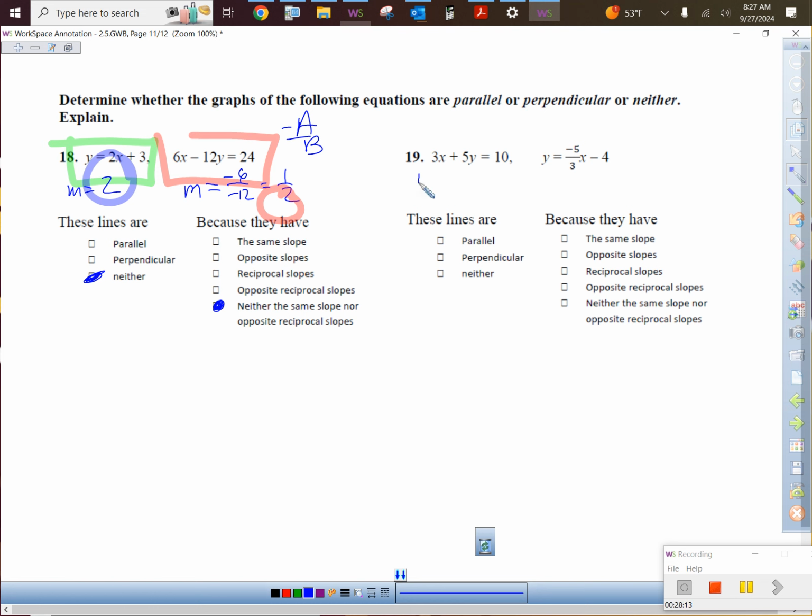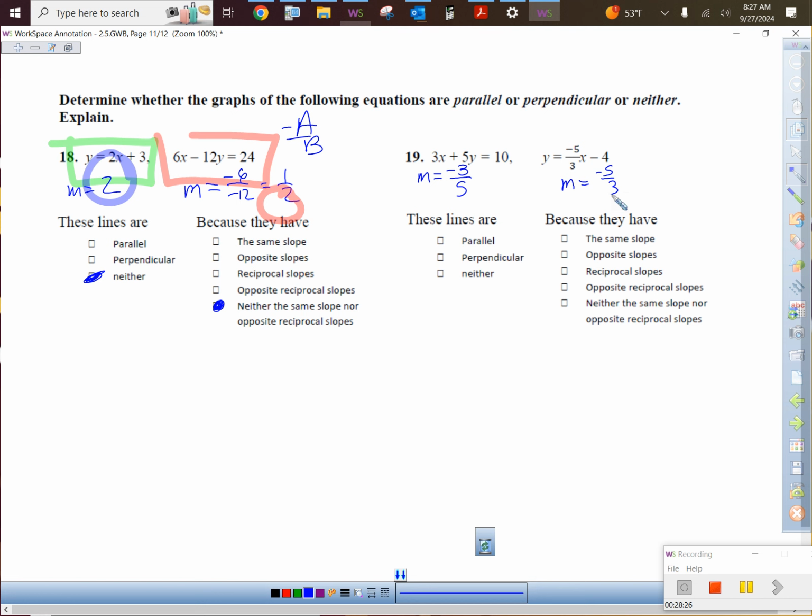I want some slopes. So the slope of this line, since he's in standard form, will be the opposite of A over B. And the slope of this line is right there in front of my face because he's in slope-intercept form. And then if your brain just does this, are those the same? Nope.